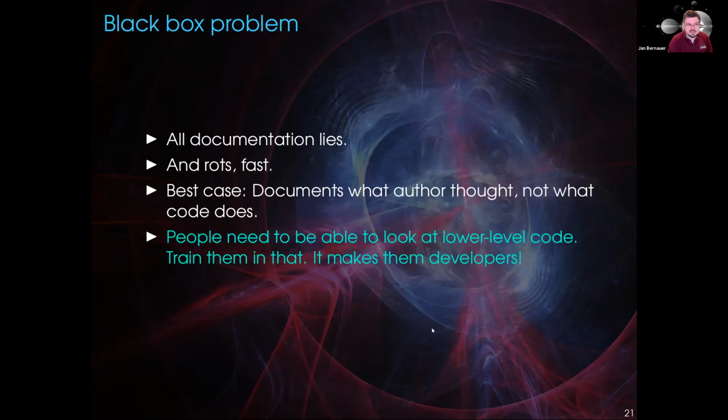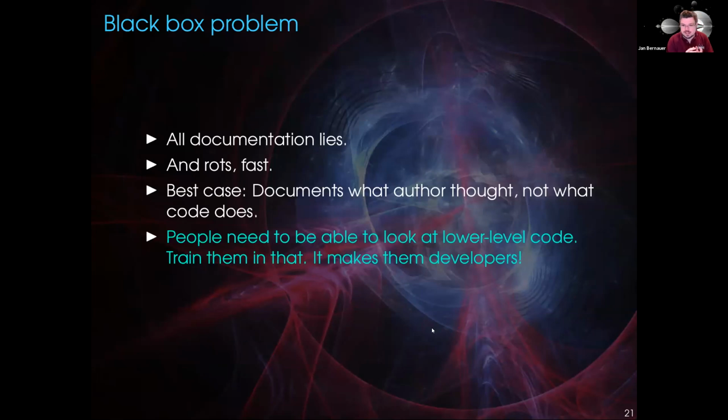The other thing you avoid with this is you avoid the black box problem. And I've seen that a lot. All documentation lies. Even if you put a lot of work in documentation, the documentation will not be perfect. I can show you a lot of things, for example, in the root documentation, which is otherwise really, really good, where you really scratch your head and where it's just plain wrong, where you actually have to look in the code to see what the code does, right?